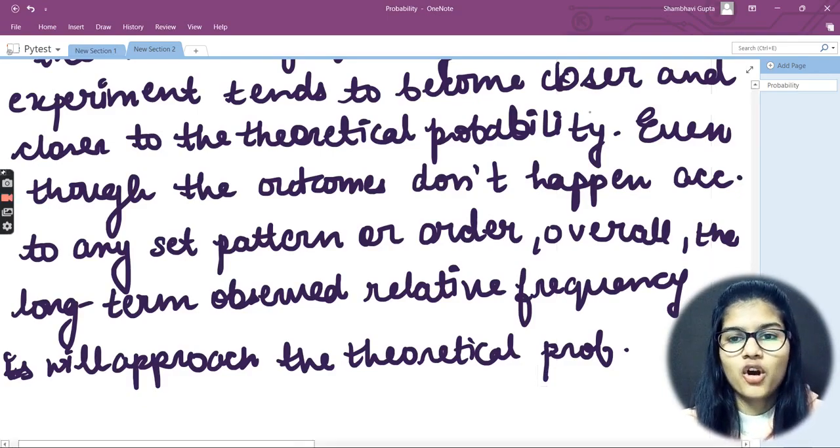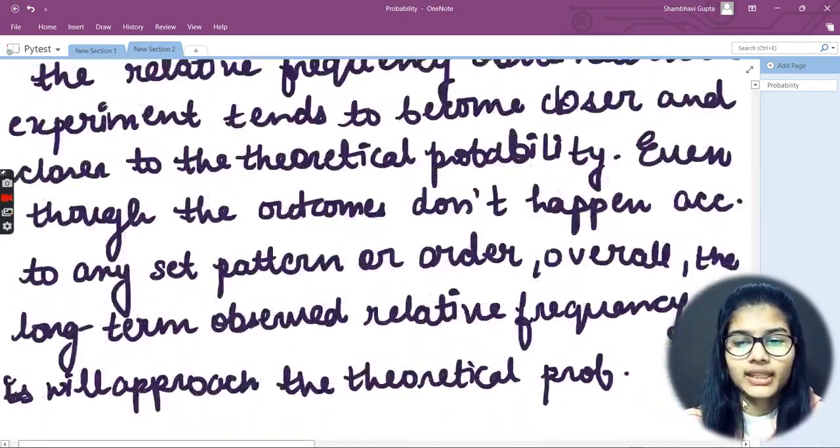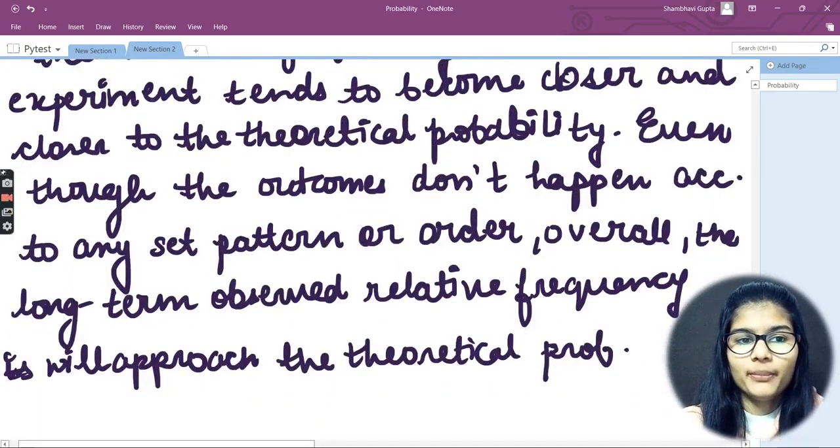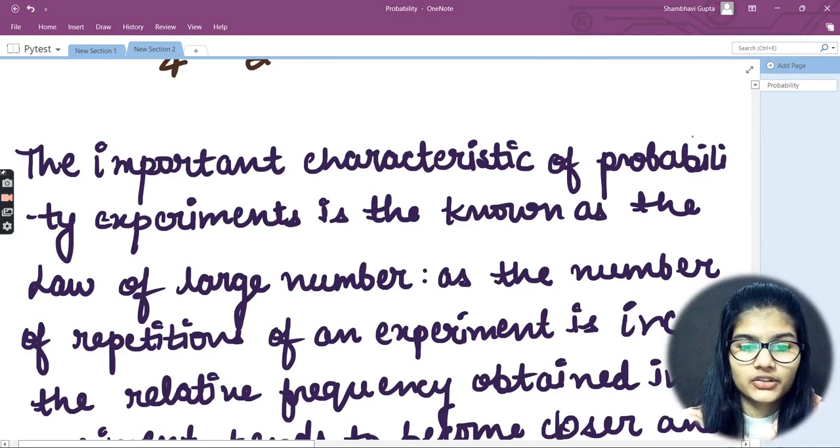This is what the law of large numbers is. That is what it says. Great. So hope I am pretty clear with this regarding the law of large numbers and what it actually says.